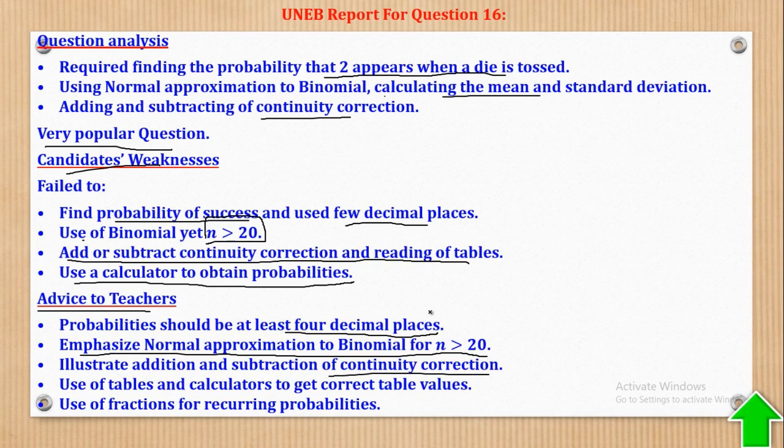I think I've shown you that by using a number line. Then use of tables and calculators to get correct table values. Then use of fractions for recurring probabilities. So the P and Q had recurring decimals, so it is advisable to use fractions.